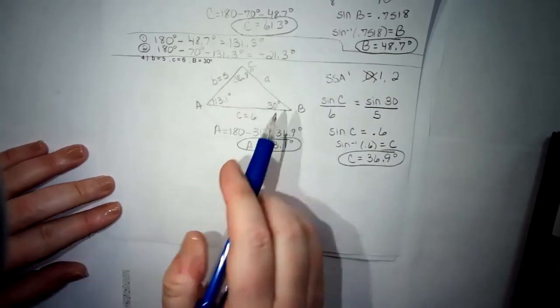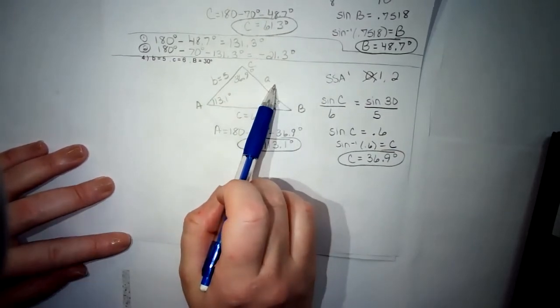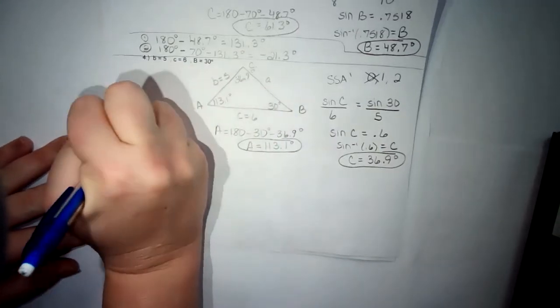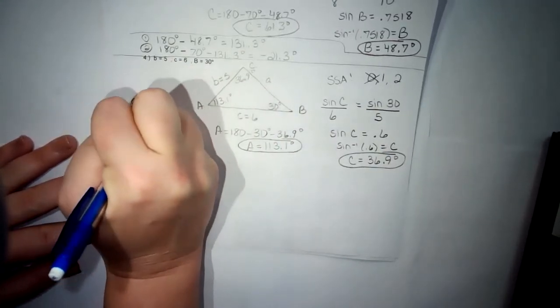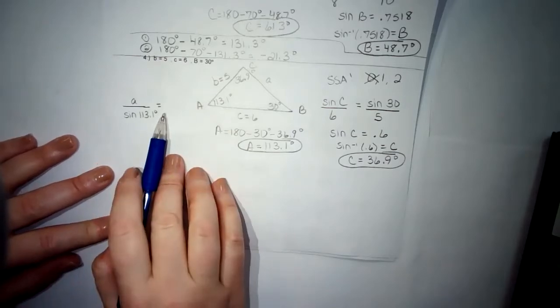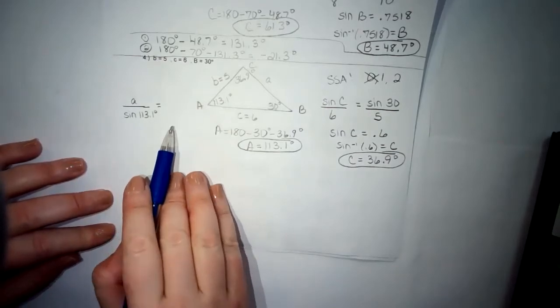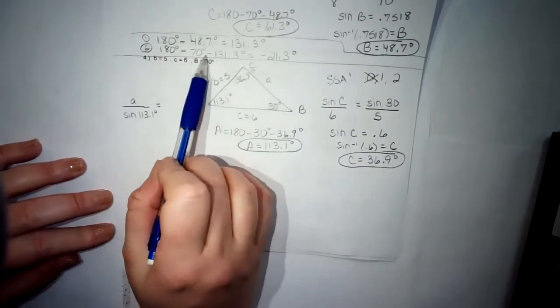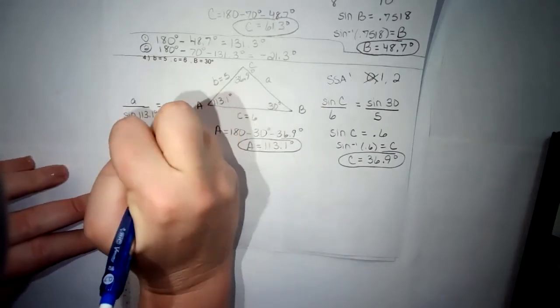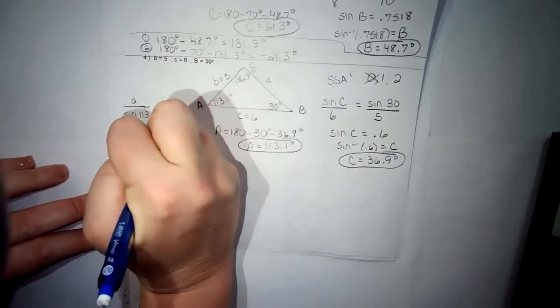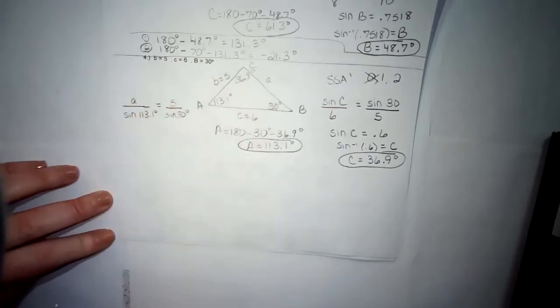Last but not least, the only thing I'm missing now is little side A. Okay, since I want a side, side goes on top. Angle A is on the bottom. Now you can pair him up with the proportion for B or C, but since I was given B's information, I'm going to stick with B. So I'm going to do 5 over sine of 30.